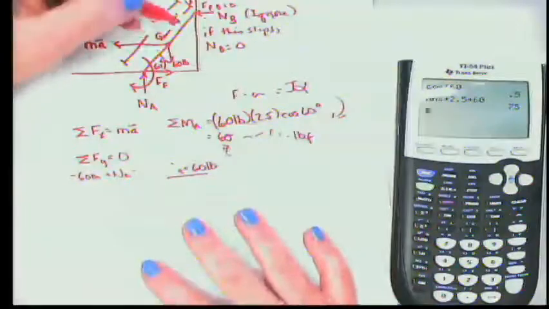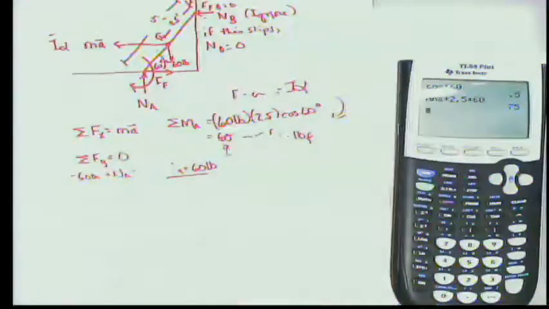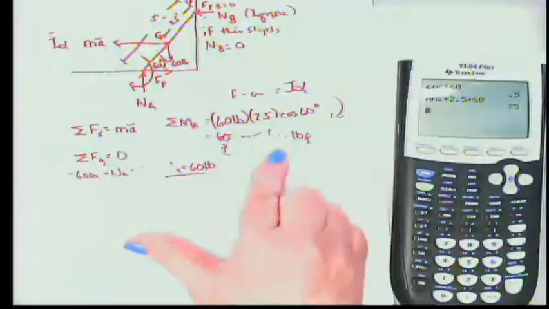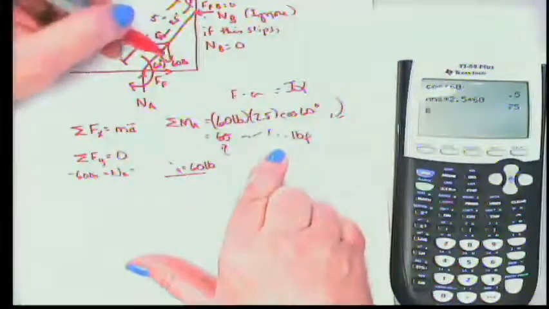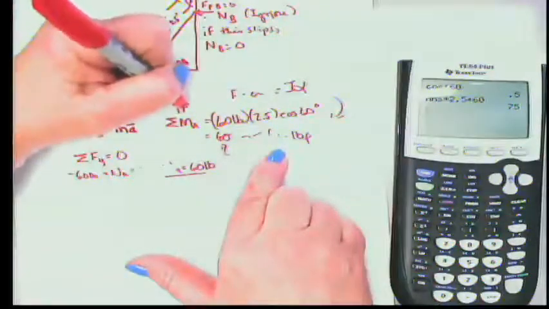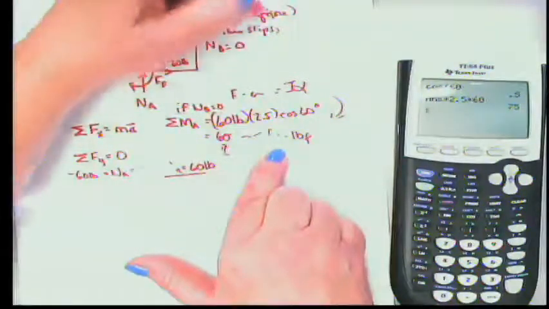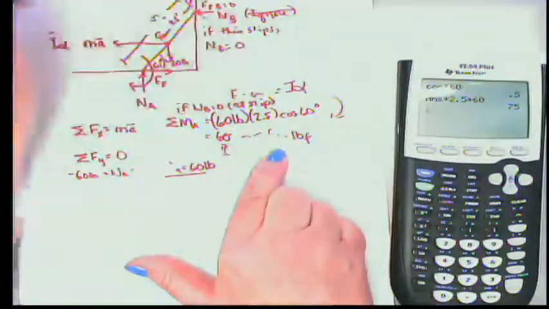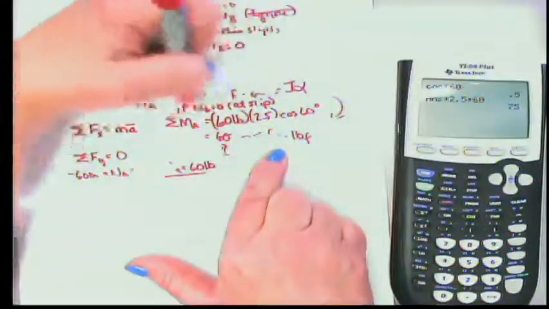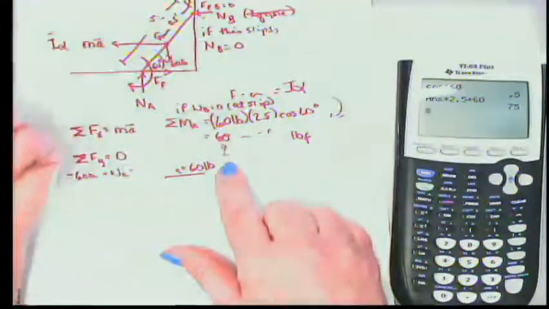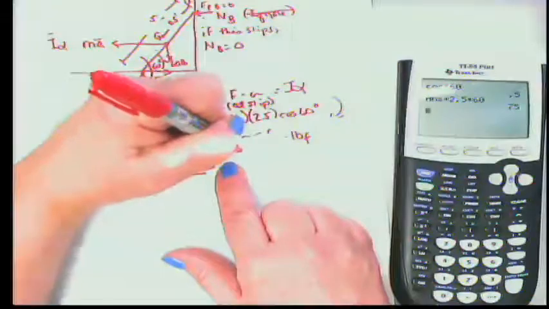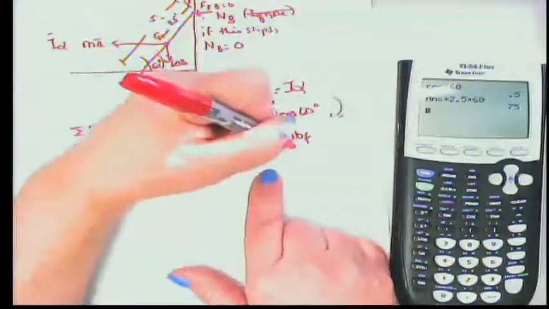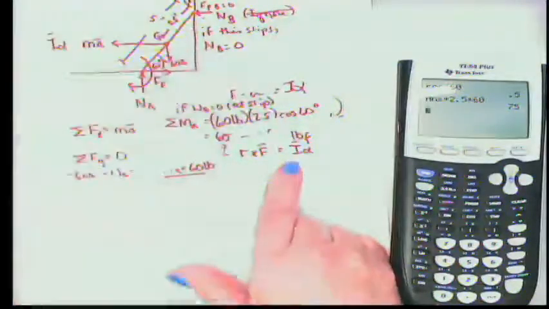So anyway, let's continue with that thought. If we have the summation of moments, because if NB equals 0, then this is the only thing, let's say that will be at slip. So that's what we're setting as a limit. Then this is going to equal R cross F, or it's going to equal I alpha, depending on how we set that up.